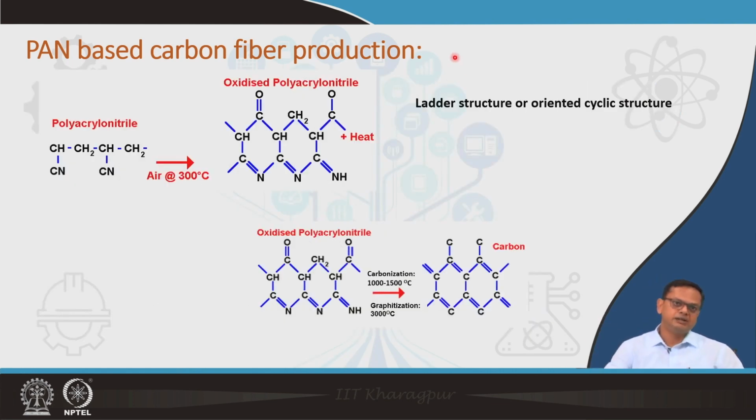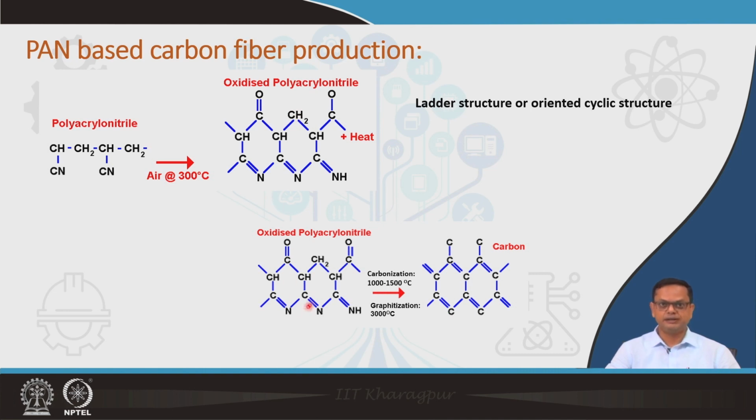So, if you look at the PAN structure or polyacrylonitrile structure, it is like this. Okay, CH2, and then you have a nitrile group attached alternatively. Okay. The idea during stabilization or oxidation is that you attach oxygen atoms like this, so that it becomes a rigid ladder structure. Okay. So, you can see here this is the initiation step of making hexagonal structure, right, and then the latter stage of carbonization and graphitization is basically to get rid of this nitrogen, oxygen and hydrogen.